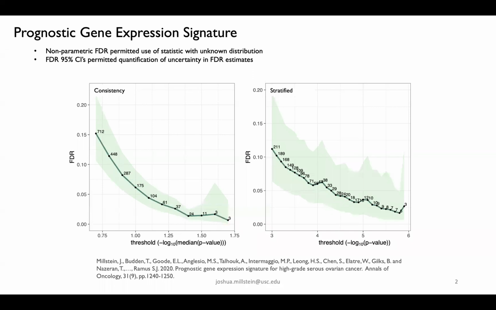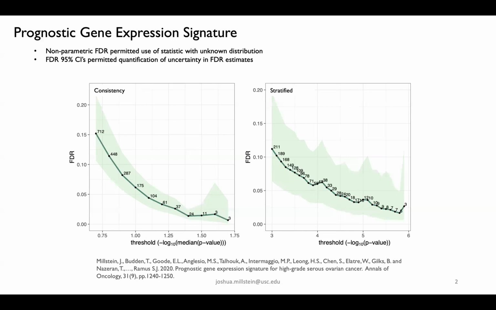We were pretty happy with this statistic, but now, of course, it's not a proper p-value and we don't know what the distribution is. So the approach I took here was to permute the data multiple times and compute FDR using a permutation-based approach, so we didn't need to know the actual distribution.